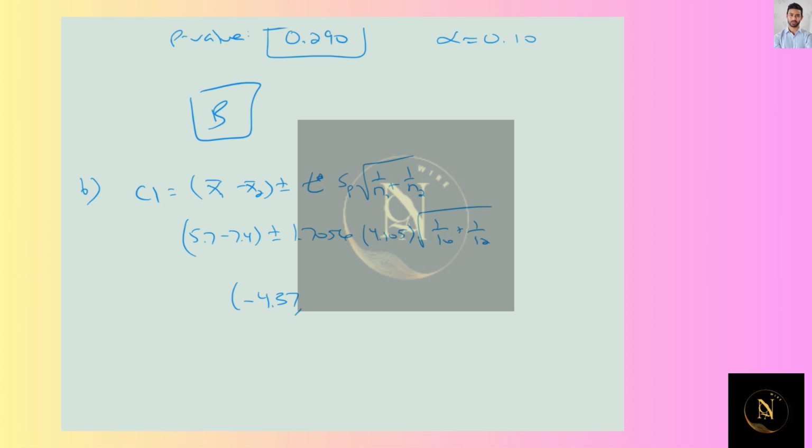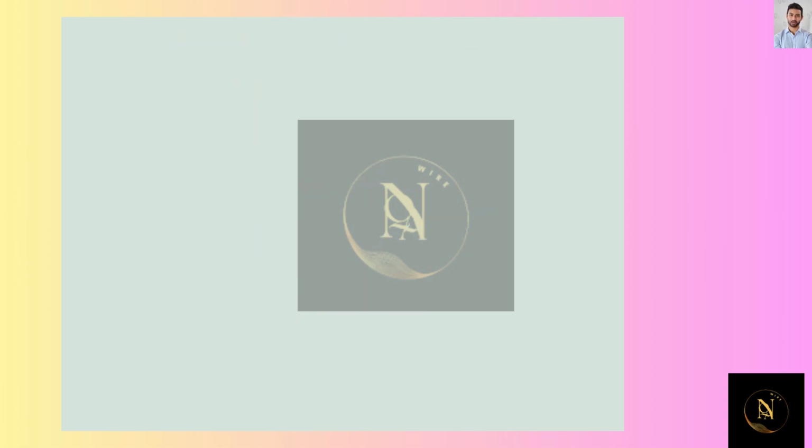And our upper boundary is positive 0.97. With 90% confidence, the difference in the means of the two populations is estimated to fall inside this interval. There is insufficient evidence because 0 is within this interval.